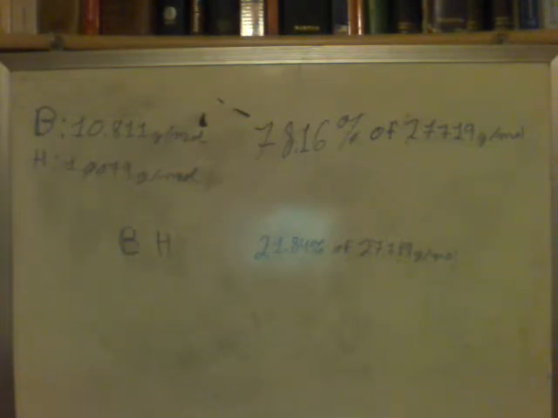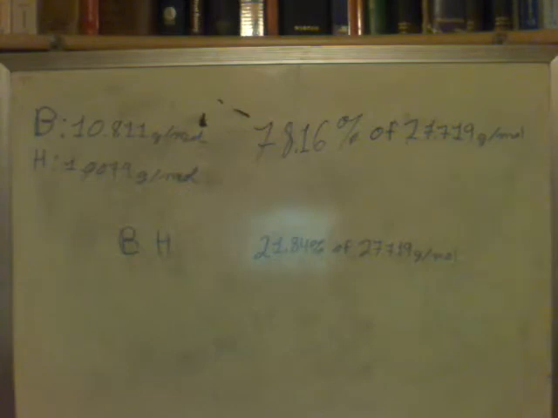The percentage mass of boron in this molecule is 78.16%, and the percentage mass of hydrogen is 21.84%.